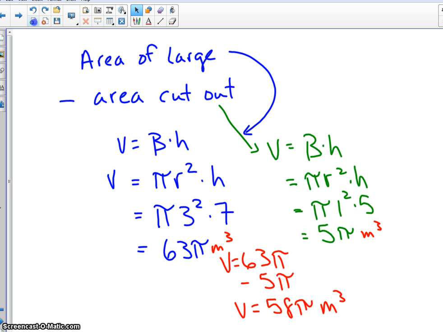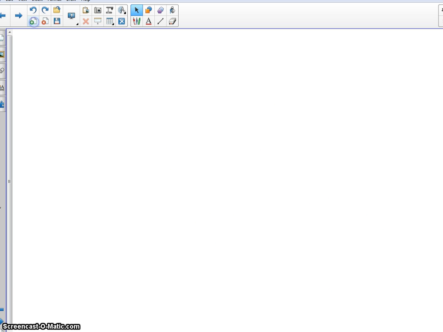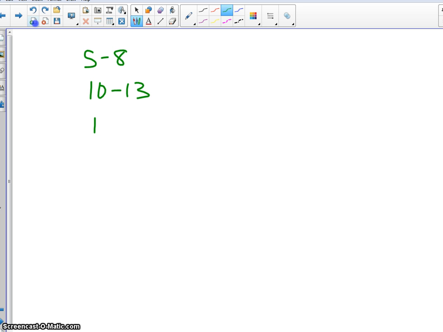So then I would like you to continue to work on that sheet for the remainder of today. The ones I'd like you to do would be 5 through 8. We already did number 7. And then I would like you to also work on 10 through 13. Now, what I'm going to ask you to do is finish and actually do 19 and 20.